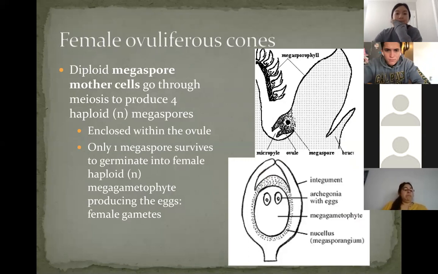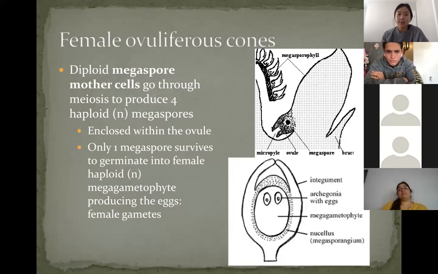Okay, so with the female cones, you have a diploid megaspore mother cell that's going to go through meiosis and produce 4 haploid megaspores. That's all happening within the megasporangium. So remember, the megasporangium is where meiosis takes place, just like how with the male cones in the microsporangia, that's also where meiosis takes place and produces your haploid microspores.